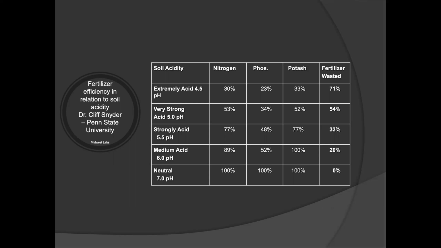So if you're running a lot of stuff and you're at a 4.5 pH, you're wasting about 71% of your fertilizer by applying at that pH, because it's just not available. And as you go closer to neutral, everything is available at that neutral pH, basically. So it's a good chart to look at to determine, wow, my pH is 6, so I'm losing about 20% of what I'm applying. So how can I better that to get it?